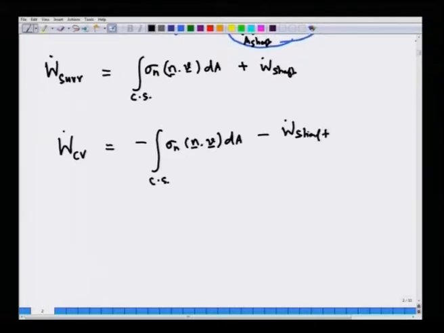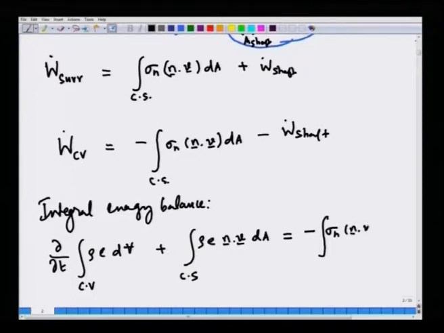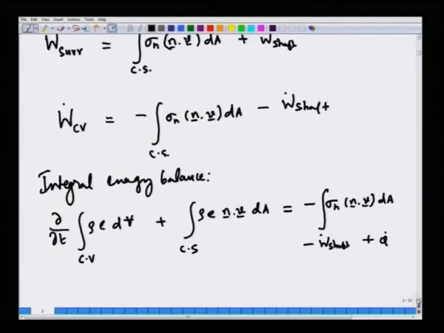Therefore, the integral energy balance becomes d dt of integral of rho e dV over the control volume, plus integral over the control surface of rho e n dot V dA, is equal to minus integral of sigma n n dot V dA minus W shaft plus Q dot.